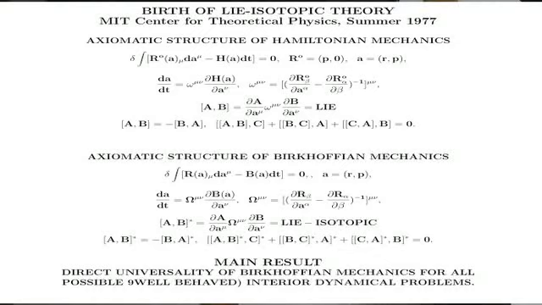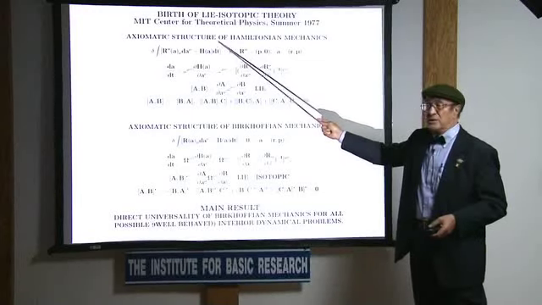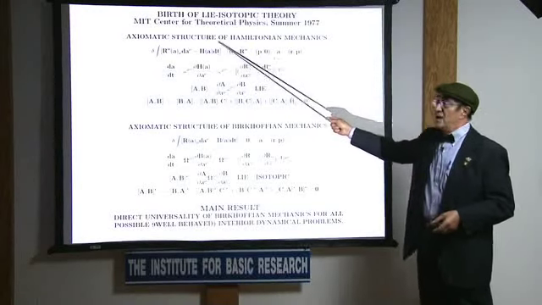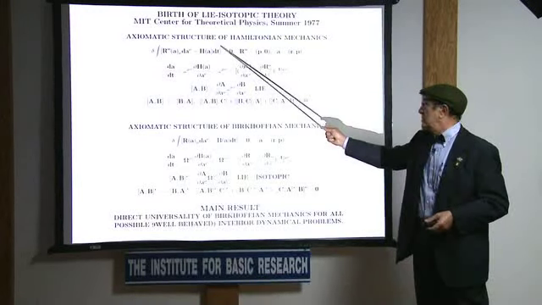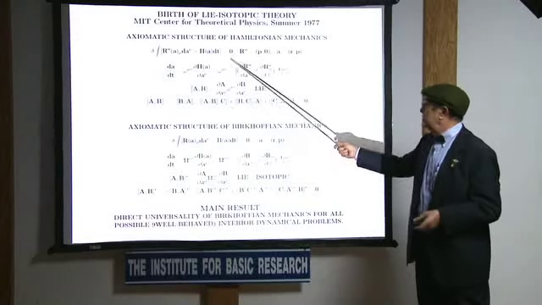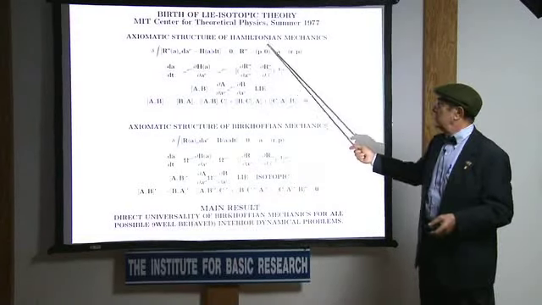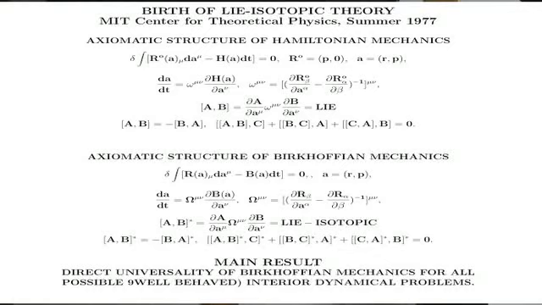What I did then, when I was at MIT, I removed the restriction here. I assume an arbitrary R function in 2n dimension, and everything stays the same. Basically those things are identical, except for the removal of that restriction.